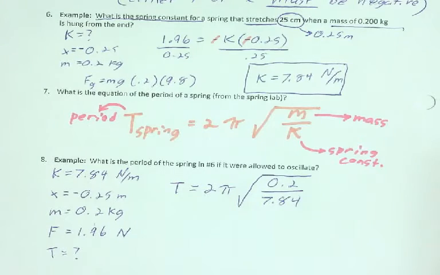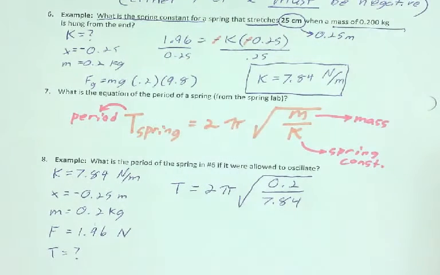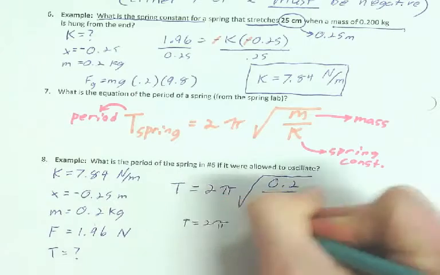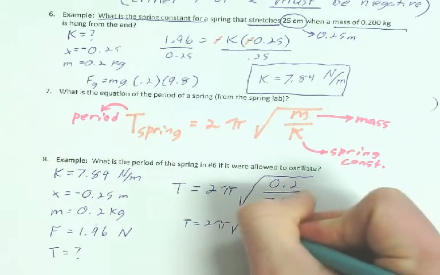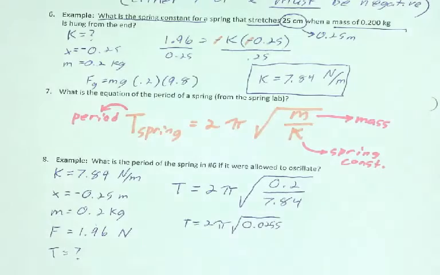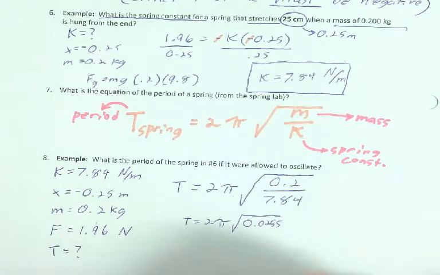First things first, divide 0.2 by 7.84. That gives me period equals 2 pi times the square root of 0.0255.